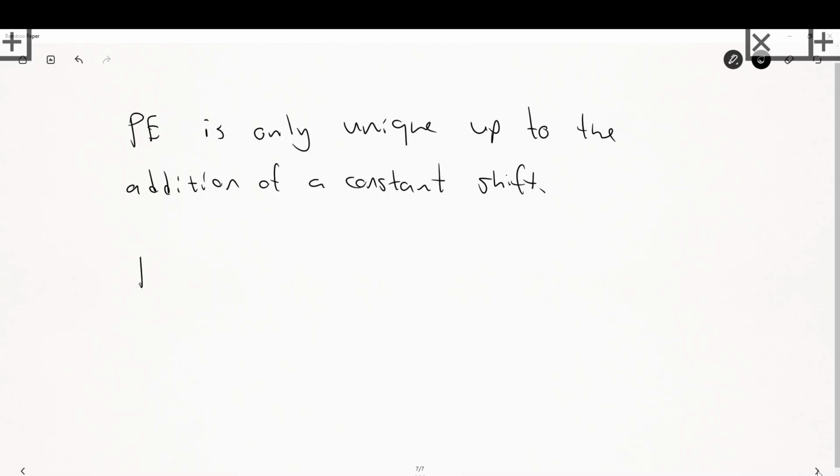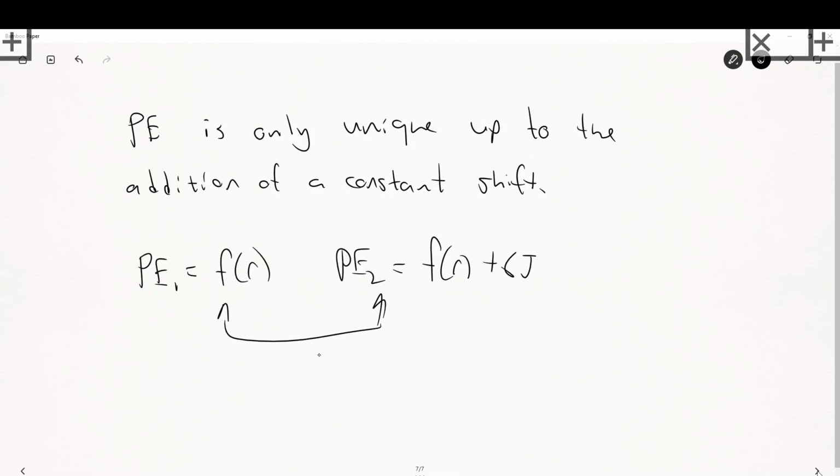Okay, so if I have potential energy 1 is F of R, and potential energy 2 is F of R plus 6 joules, these are the same. The reason those are considered the same is because motion is going to be in the form of kinetic energy, which is going to manifest itself as changes in potential energy.